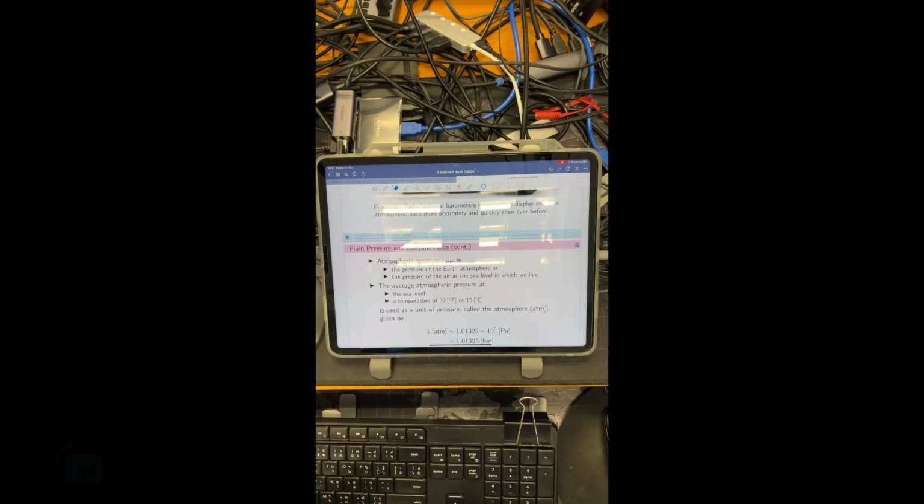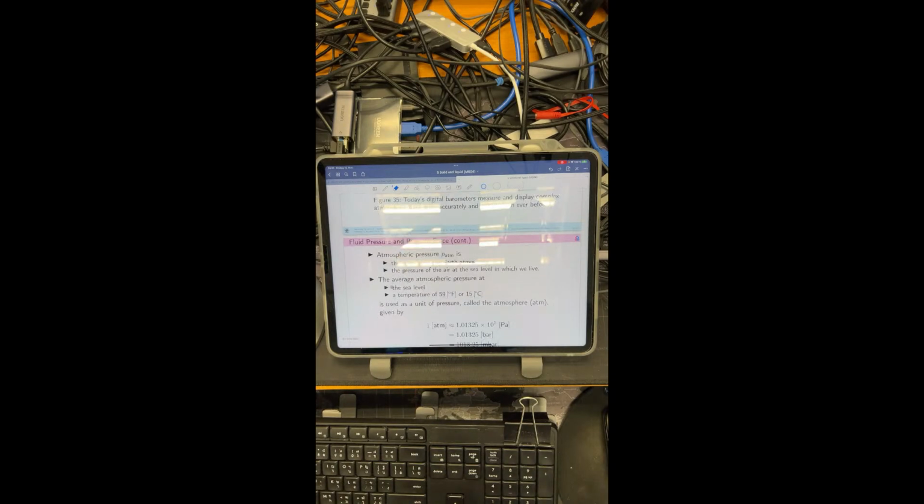But if you go to the apex of the Himalaya mountains, you will not have this atmospheric pressure because you are really, really high above sea level. Your pressure is going to be lower than that.